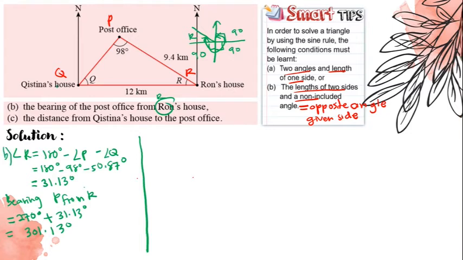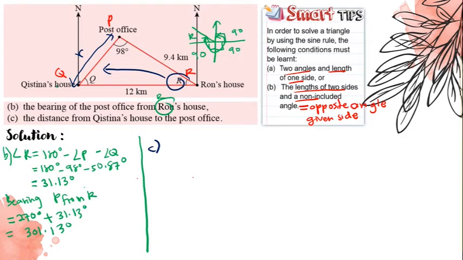Now we want to solve question C: the distance from Christina House to the post office. This one, let's say I label it as r. You can write this as PQ or any letter. Since the opposite angle is big R, I label it as small r.